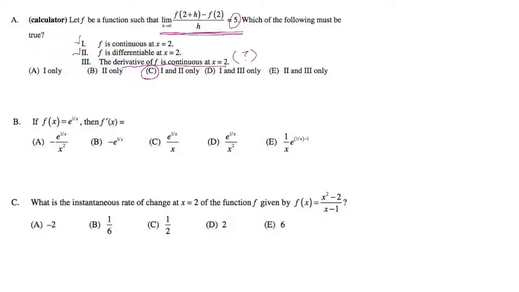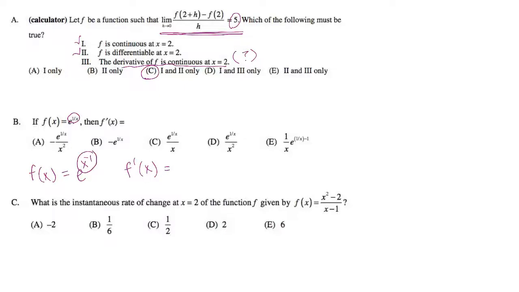For B, this might be a little bit easier if we rewrite this. f of x is equal to e to the x to the negative 1. So f prime of x, the derivative of e to the stuff is going to be e to the stuff times the derivative of the stuff.